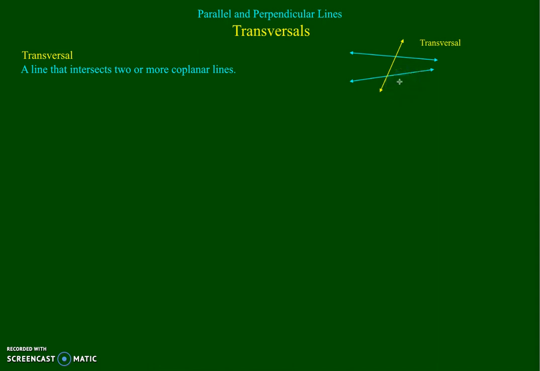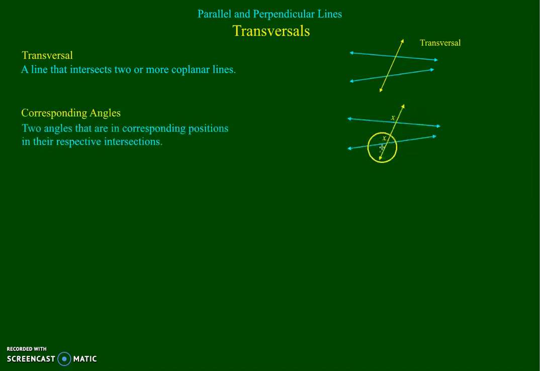The first one are called corresponding angles. Now note in this picture we have an X in the upper left corner and an X in the upper left corner, but one X is in one intersection, the other X is in another intersection. So this angle is in the same relative position at its intersection as this one is at its intersection.